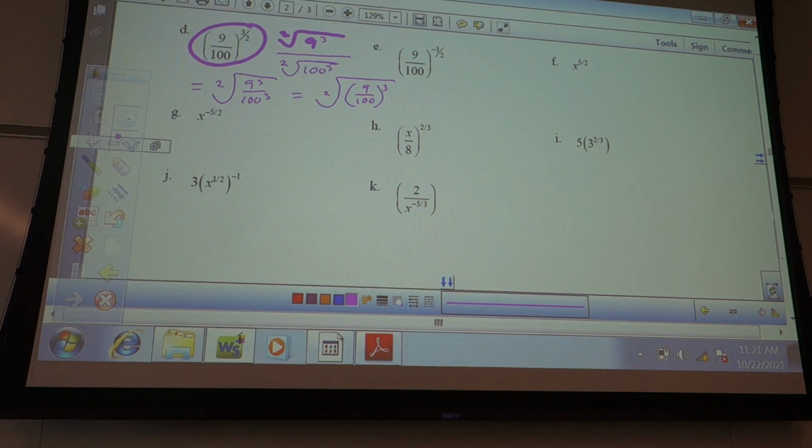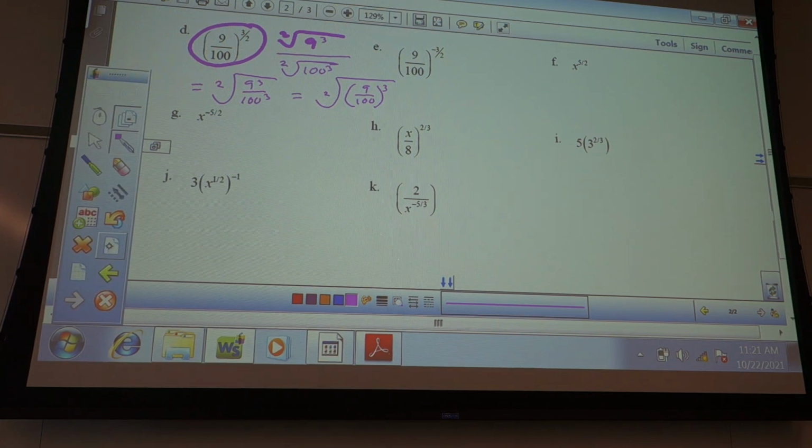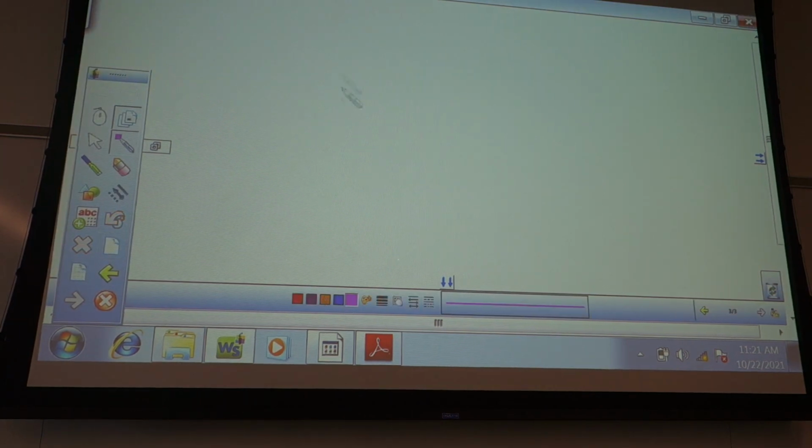Okay, so remember, I have, I don't know, 7 raised to the 5/3. This bottom part tells me what goes inside of this here, what kind of root it is.